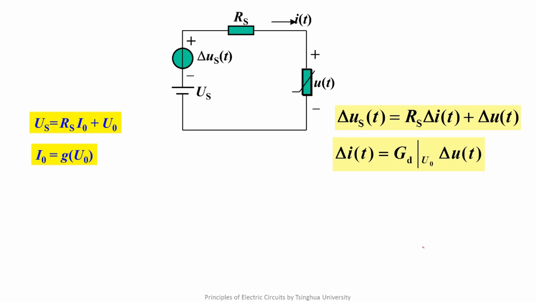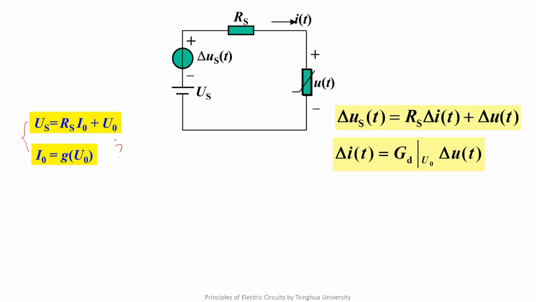Okay, it was a pure mathematical deduction just now. Let's turn to the circuits. Look at the equation on the left. We wrote it just now. It's a nonlinear algebraic equation for solving the working point. We might as well draw the corresponding circuit of this algebraic equation.